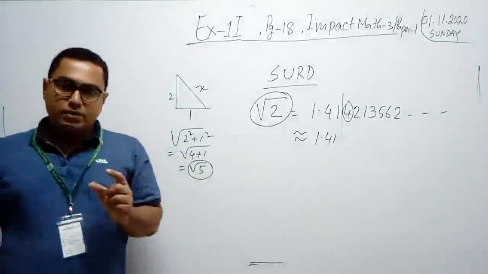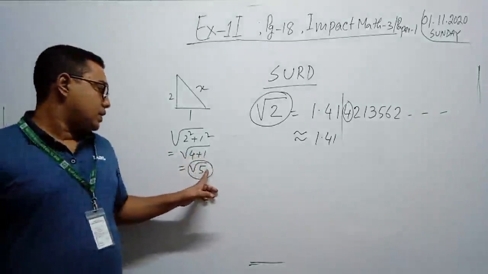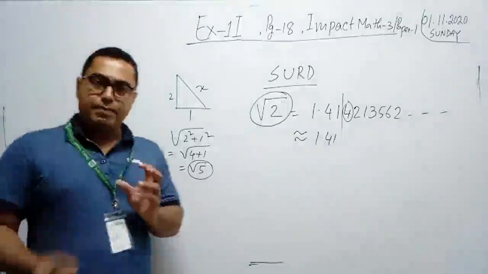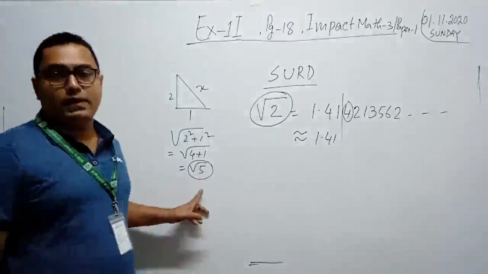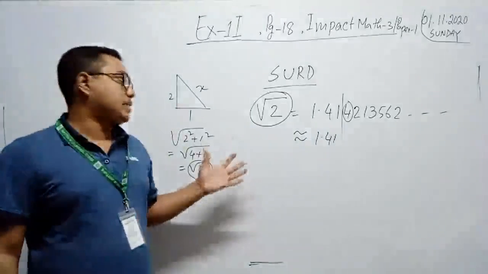This is a value where if you represent it in decimal form, then you will get an approximate value, but here is the exact value. In this kind of calculation, we will get square root of something.